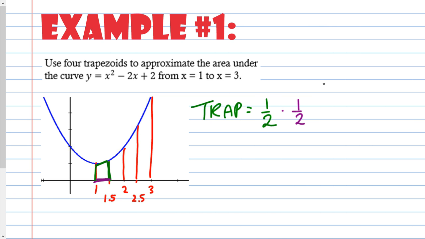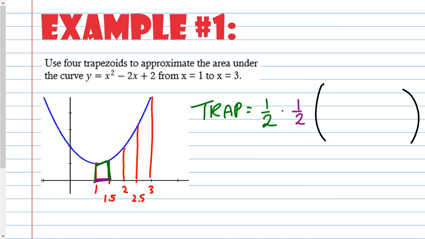It would be a lot easier if we took all the base 1s and base 2s, added them together, and then multiplied by the 1/2 and then the width, which is the height, which in this case happens to be 1/2 or 0.5.